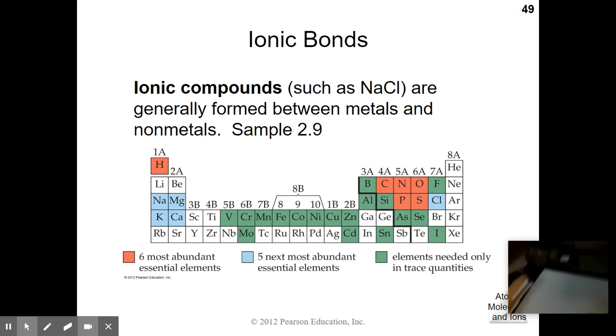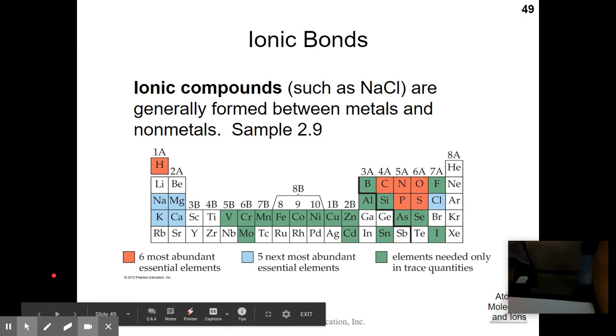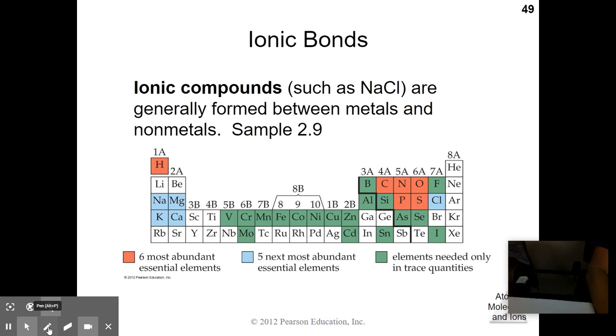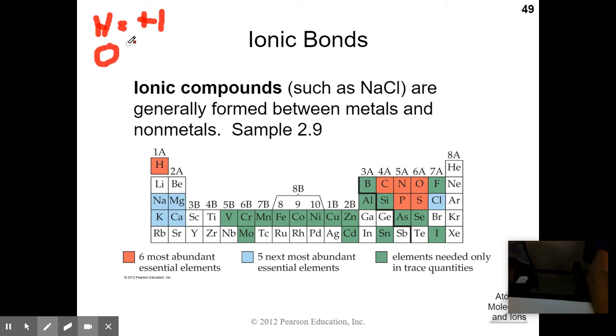So when we're talking about H2O, we've got hydrogen at +1 charge, and oxygen was at -2.